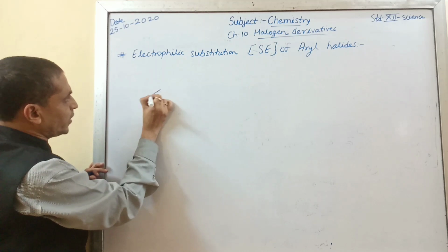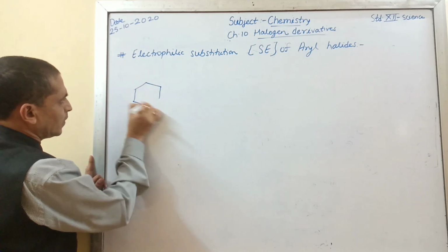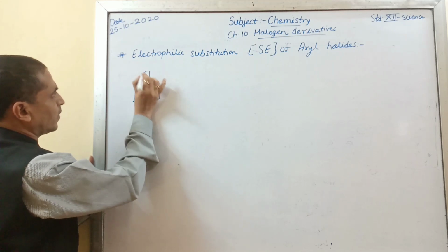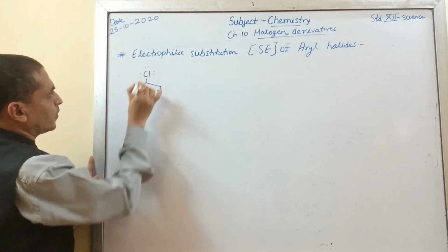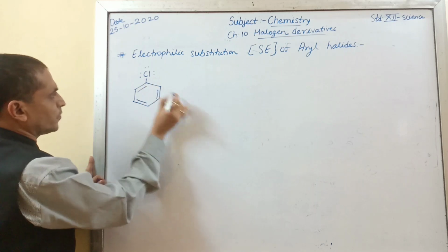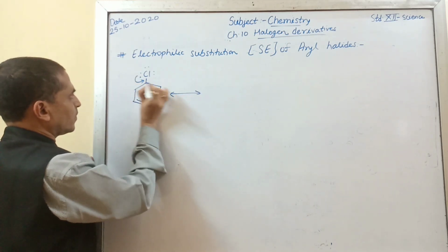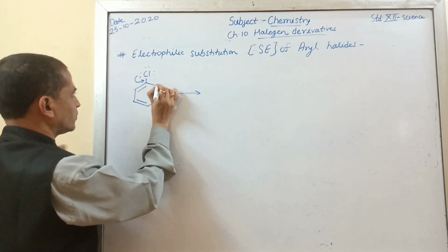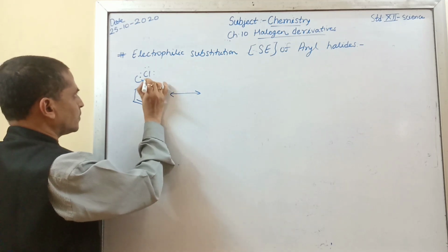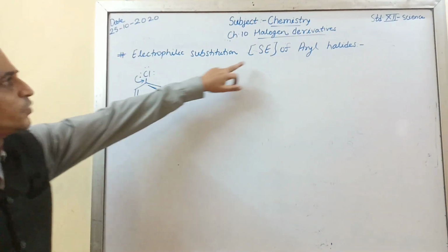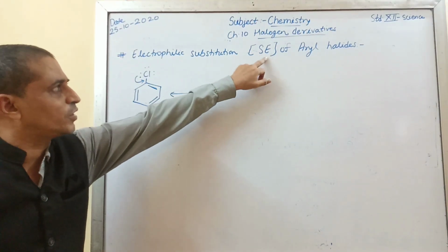First of all, if you write 6 electrons, electrophilic substitution of aryl halide is shown by Se: S for substitution, E for electrophile.